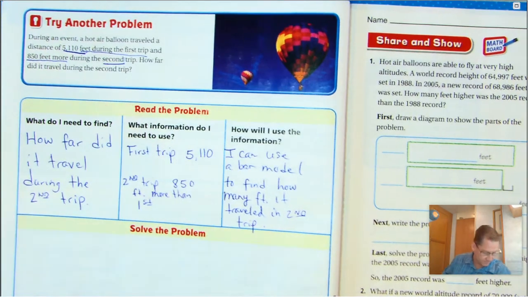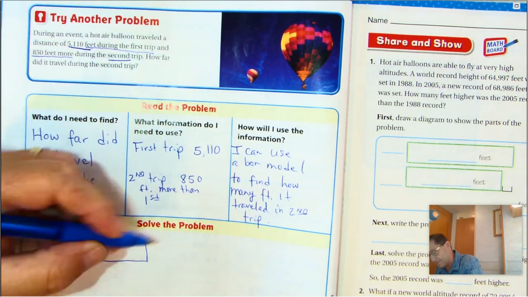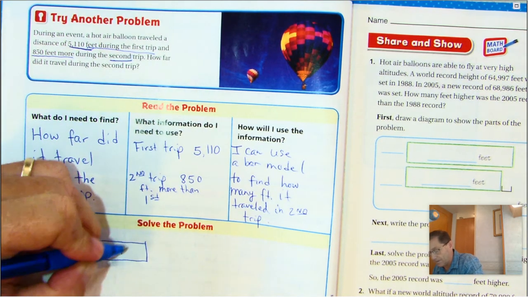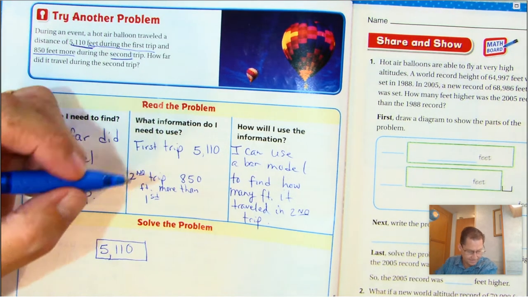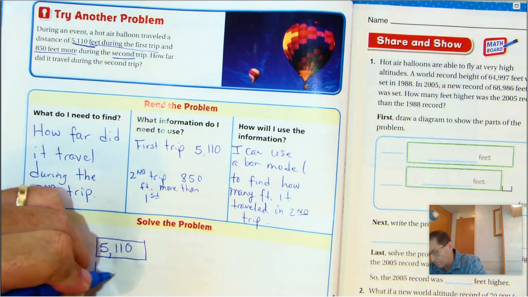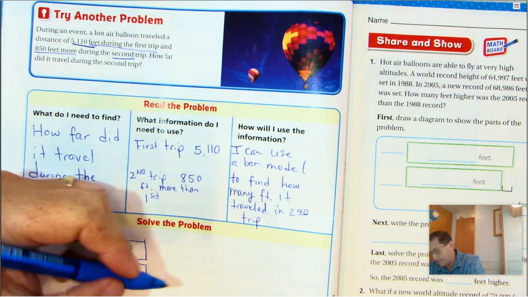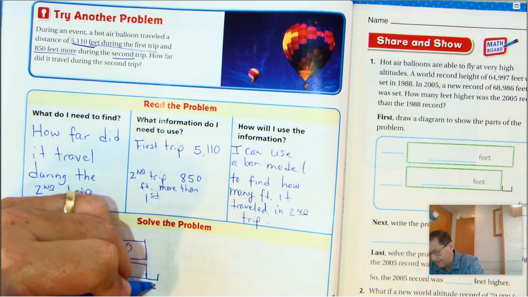Okay, so now we're going to solve the problem. We know that the first trip was 5,110 feet, and the second trip was that same 5,110 plus 850.